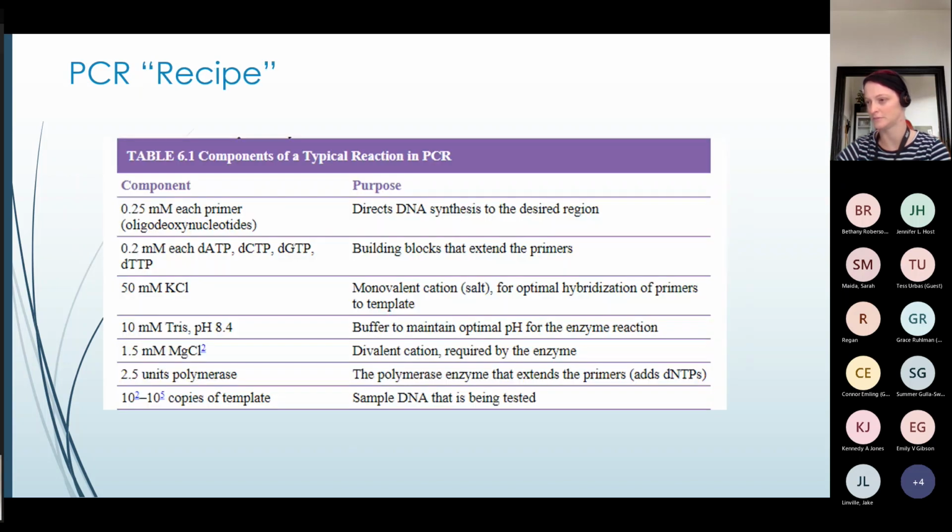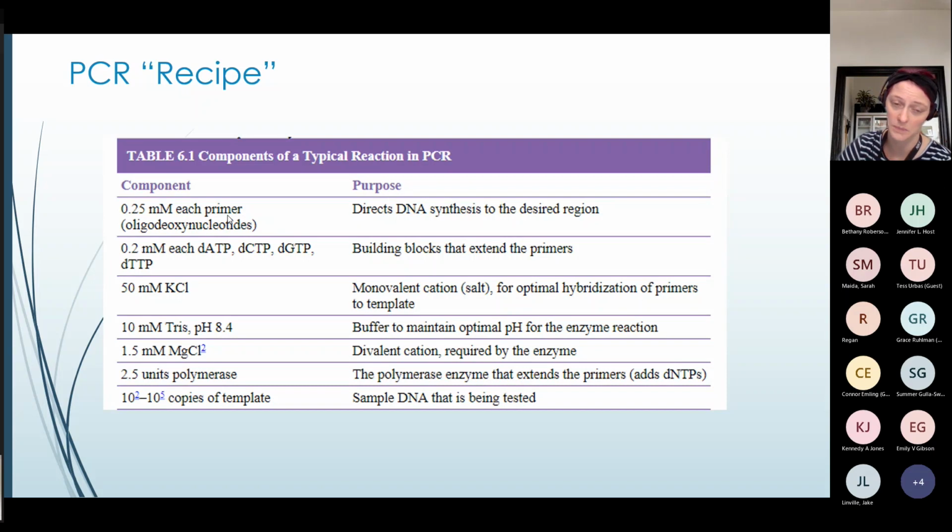Okay. So the PCR recipe. Typical reactions have specific compounds. You have your primers, and this one says 0.25 millimolar of each primer.